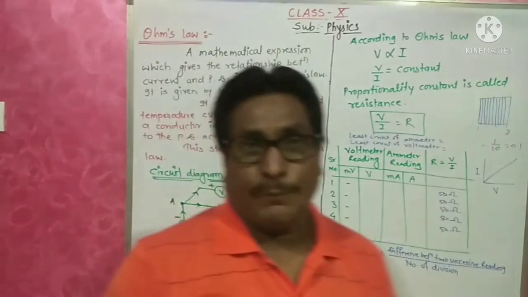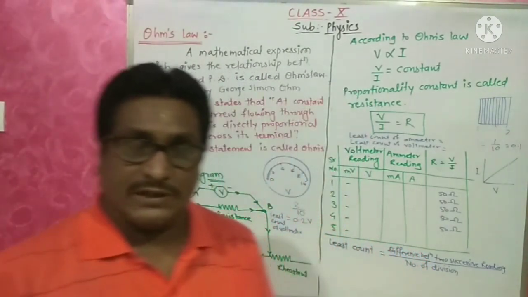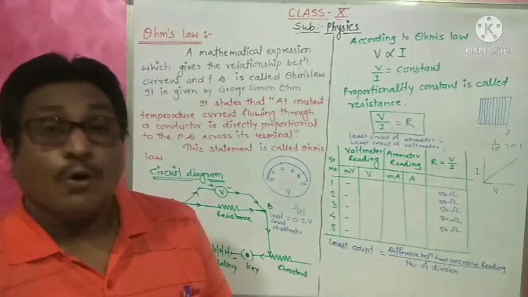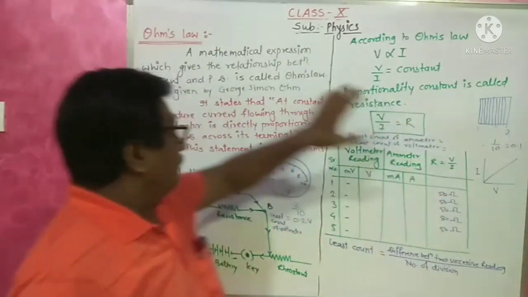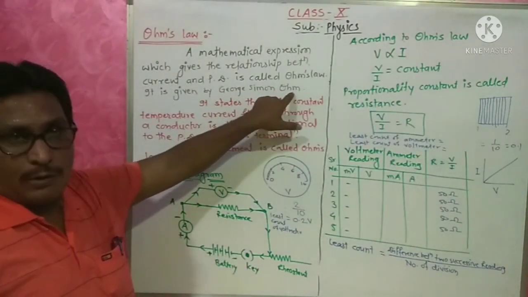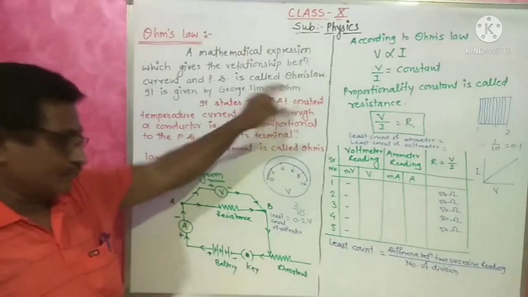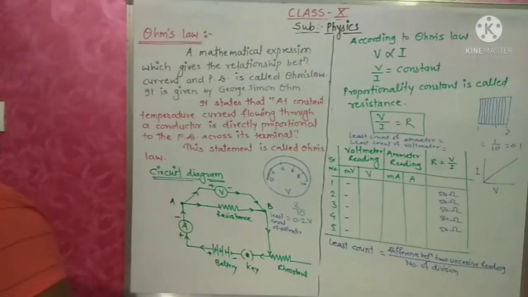And the SI unit of resistance is ohm. What is the SI unit of resistance? Ohm. Why is it ohm? Because it was derived by George Simon Ohm. So hope you understand, students, how to perform this practical.